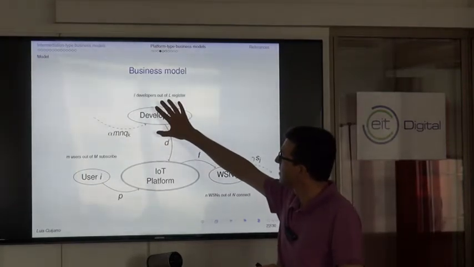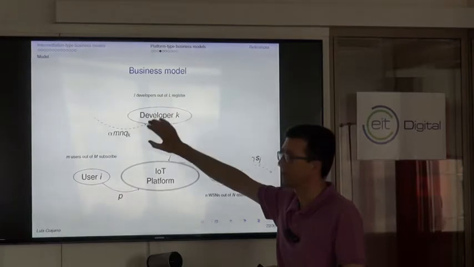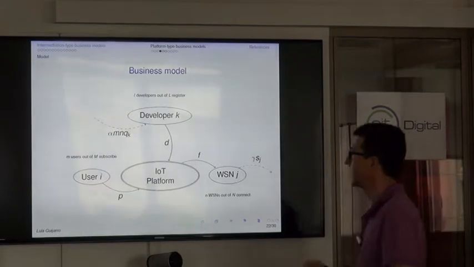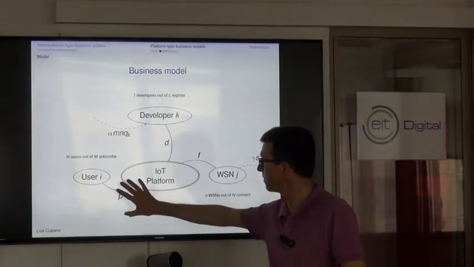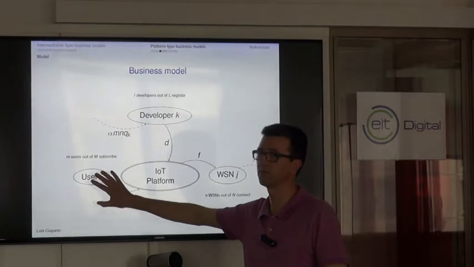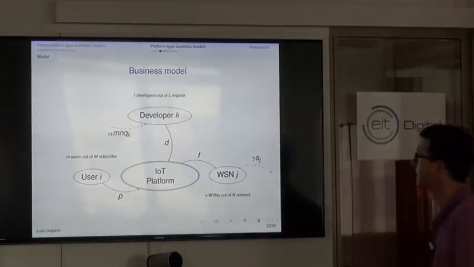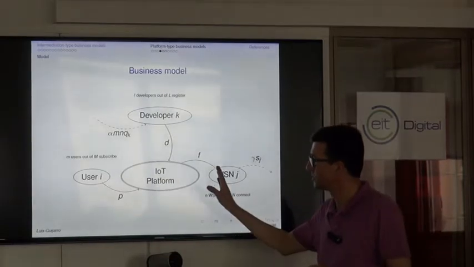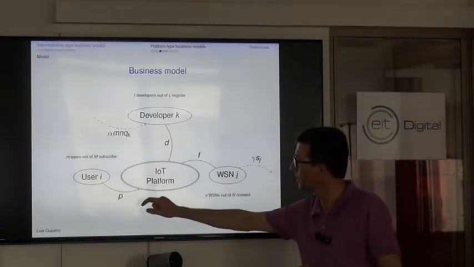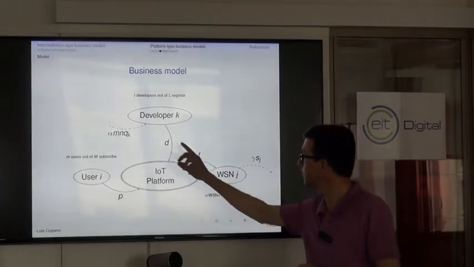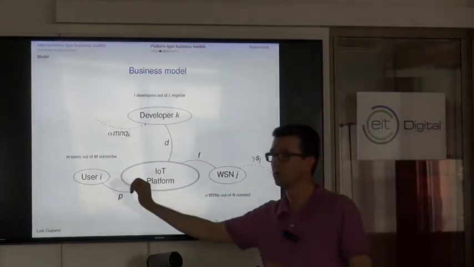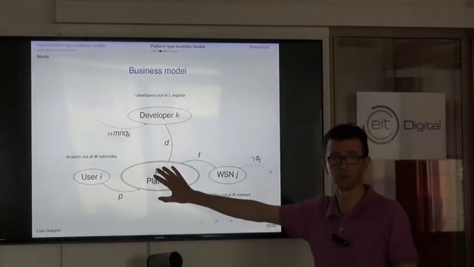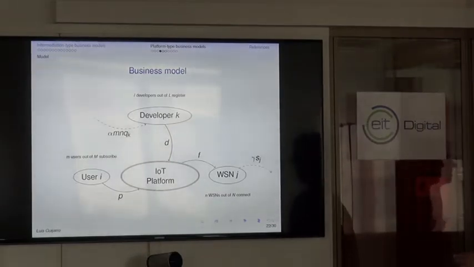And the developers get all revenues from advertising, while the users only pay for accessing the platform, not for each one of the specific apps. The IoT platform, as we will see later, will tune these three fees in order to take users, developers, and sensor networks on board.